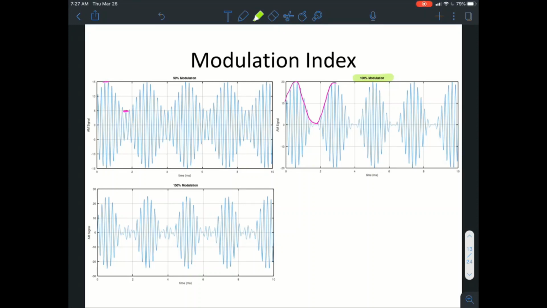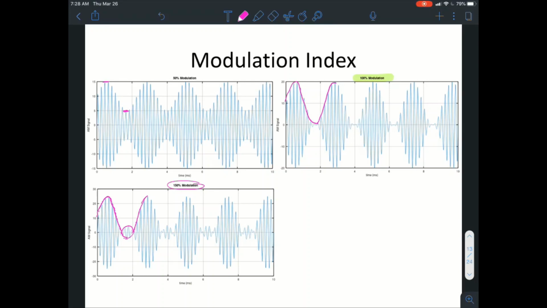But the counter to that is we don't want to go too far, because of the situation we call overmodulation, down here in the lower left. When we trace out the signal, the envelope would look like this, and we're causing distortion in this area.